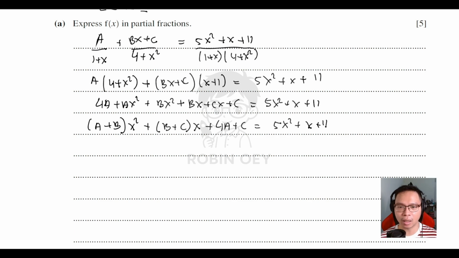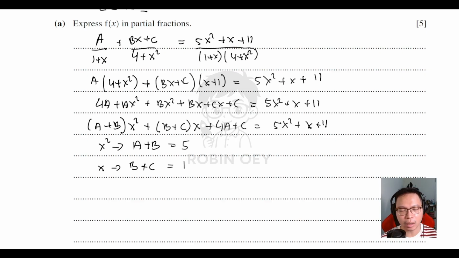Now for each term, let's say x squared: on the left hand side we have A plus B, on the right hand side we have 5. So A plus B equals 5. Then for the term of x, on the left hand side we have B plus C, on the right hand side we have 1.